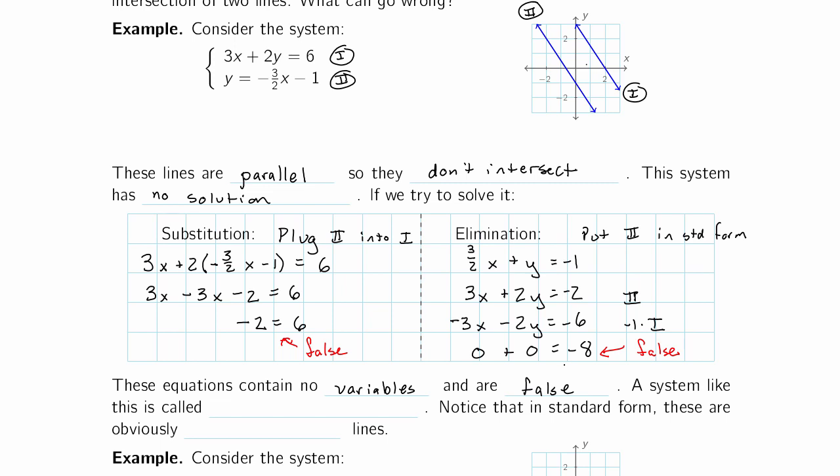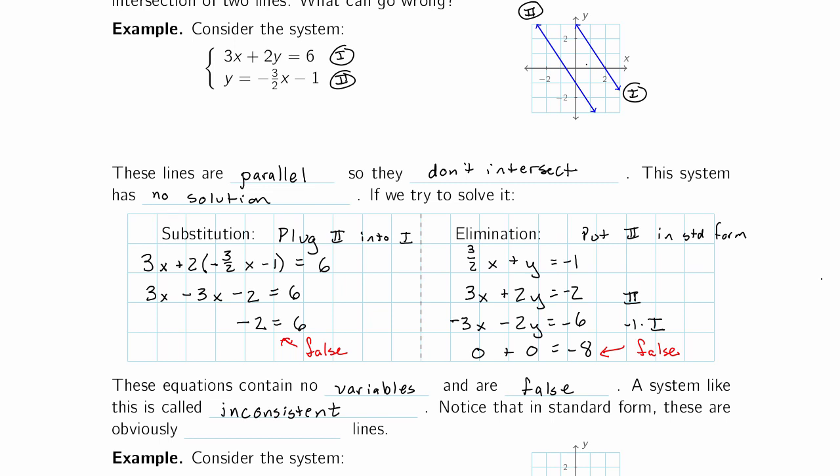Okay, what's going on here? Well, we have these parallel lines that don't intersect. A system like this, where our lines don't intersect, where our equations have no shared solutions, is called inconsistent. Inconsistent, they can't both be true at the same time. These equations are inconsistent.